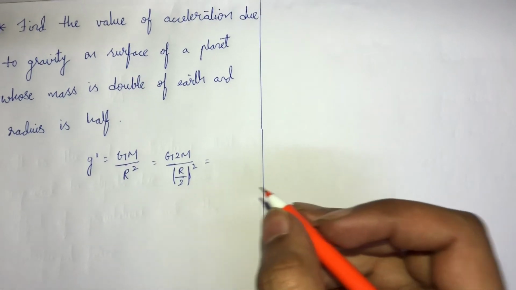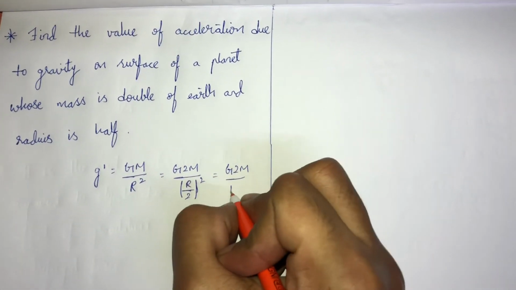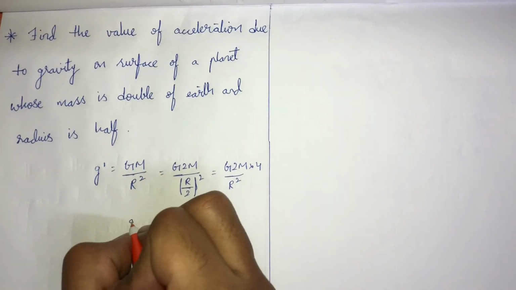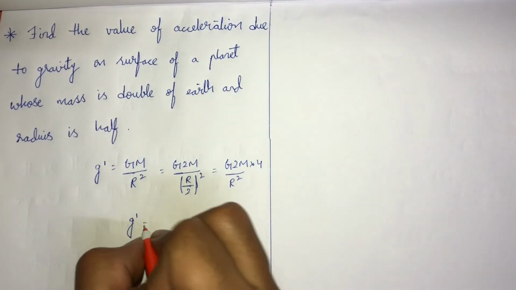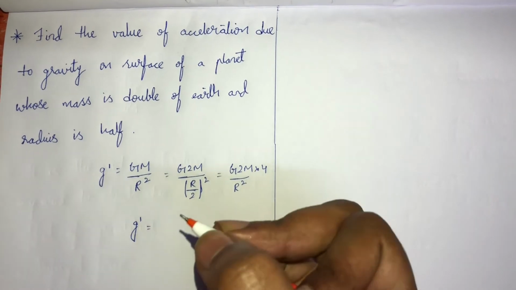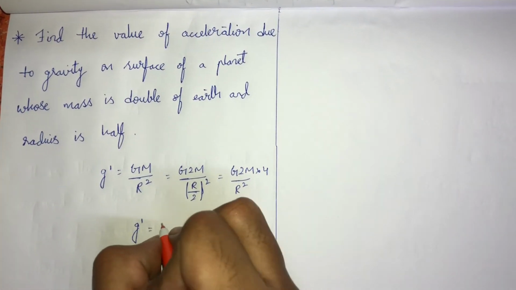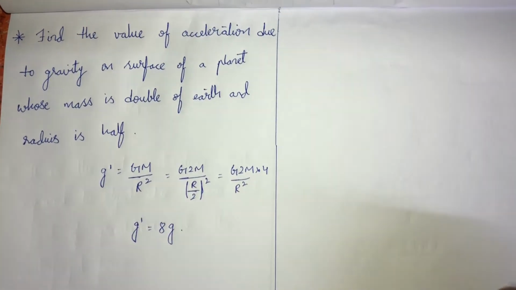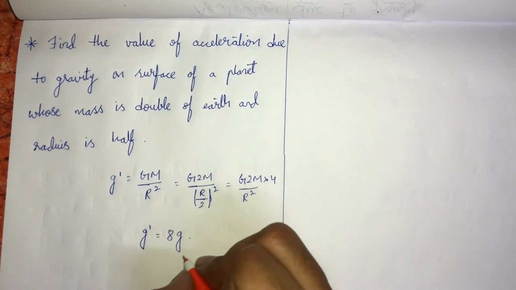Then g dash is equal to G 2M by r square by 4, since 2 square is 4. Then the acceleration due to gravity on the surface of the other planet, whose radius is half of that of the earth and whose mass is double that of the earth, will be equal to 8 times the acceleration due to gravity on the earth. So that's fine, that's clear.